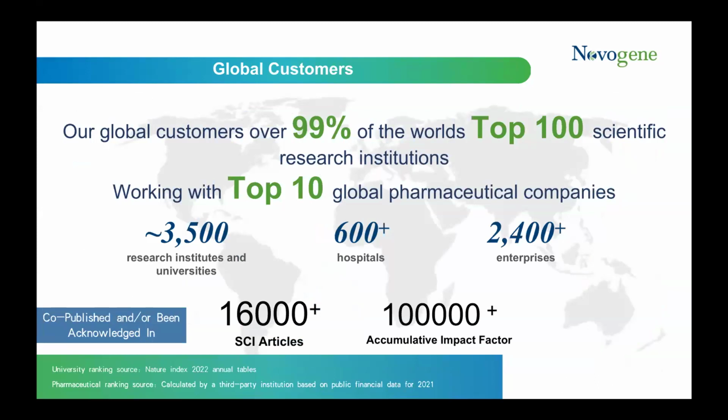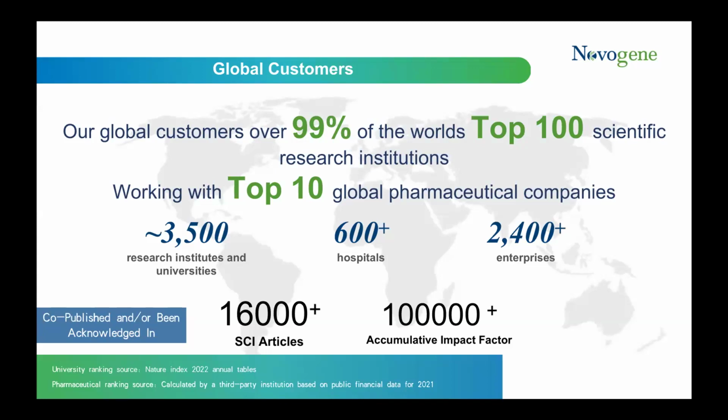So we also have a lot of global customers. Novogene has served over 6,005 global customers covering 80 countries and regions across the 6 continents. We have cooperated extensively with many academic institutions and completed several advanced-level international genomics research projects.